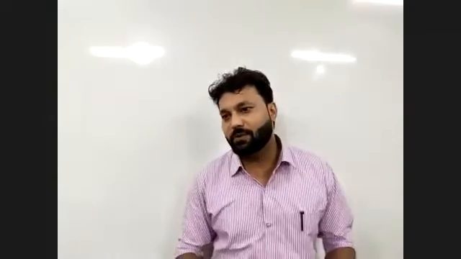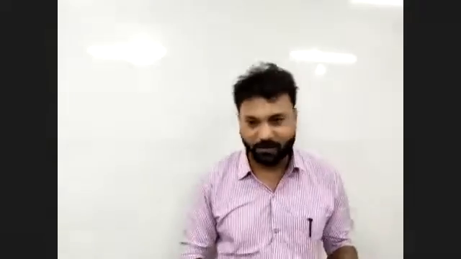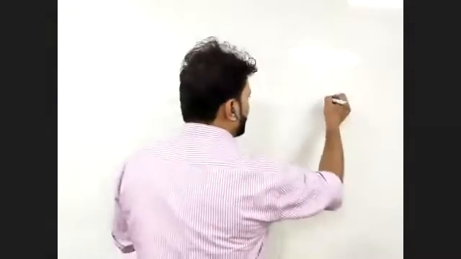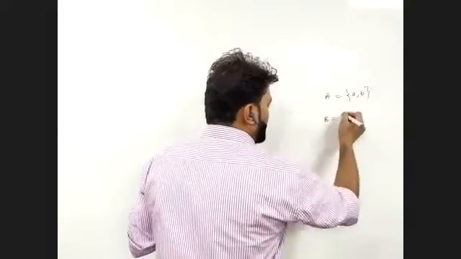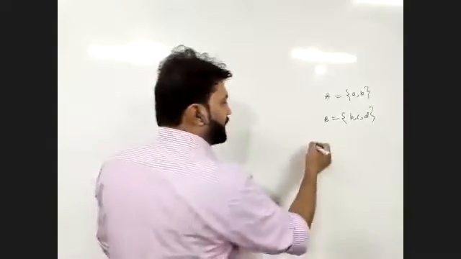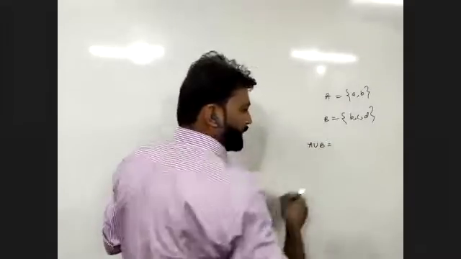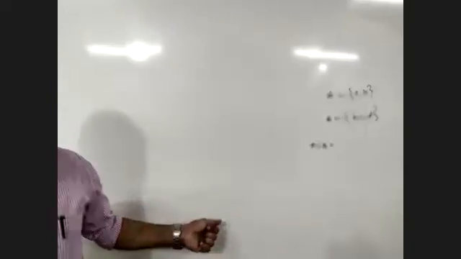And then you must know about the basic operations: union, intersection and subtraction. तो मैं ये एक बार recall करा देता हूँ जल्दी से. Say for example, A is equal to {A, B}, B is equal to {B, C, D}. These are the two sets given. We need to find out A union B. These are the basics that we will be needing for the next chapter, that is chapter relation.